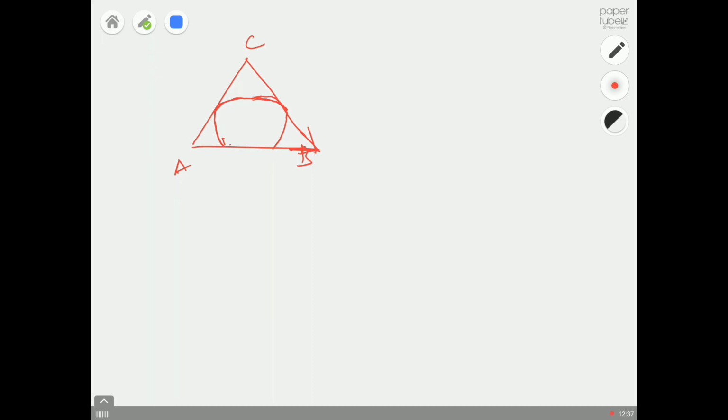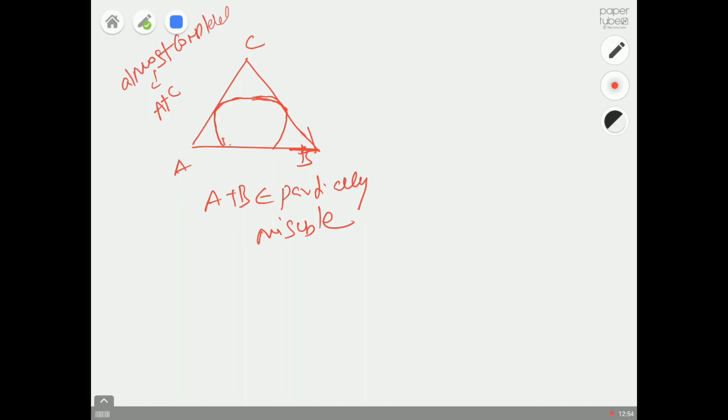In this case, A plus B are partially miscible, and then A plus C are almost completely miscible except at some composition, at some point.